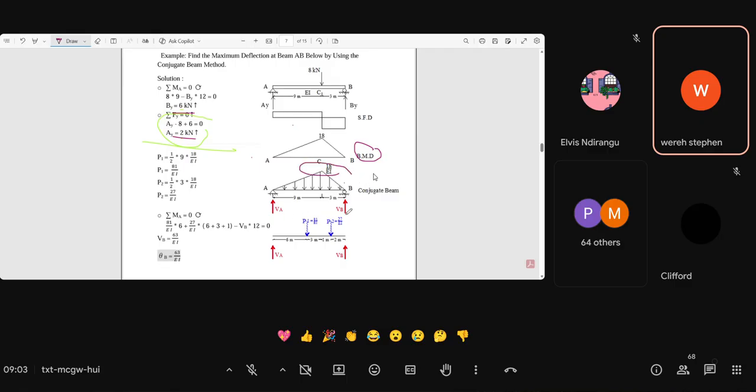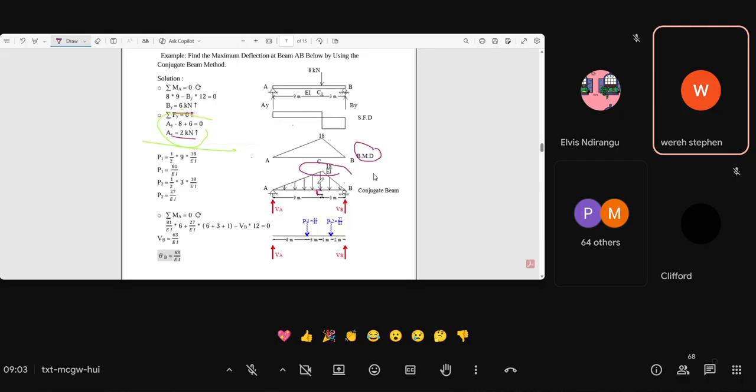Find the reactions. VA plus VB is equal to, because now here we have two triangles, you can separate them. Half times AC times height. Height will be 18 over EI.